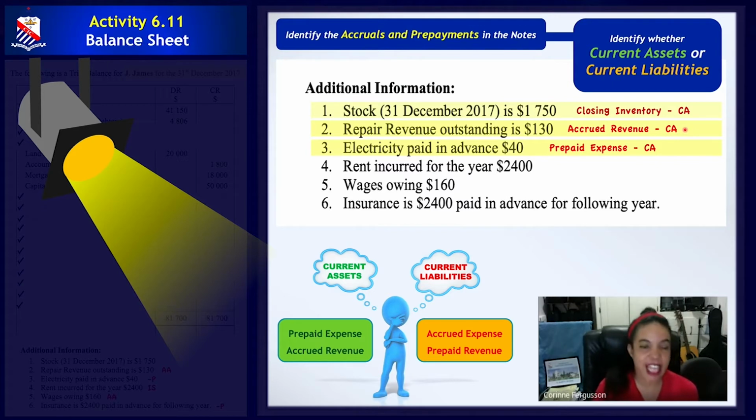Rent incurred for the year. This one, once again, is unique. It did not give you the accrual or prepayment. This actually gave you the incurred amount which went into our income statement. So to find out what the accrual or prepayment is, we didn't have to do calculations for the income statement, but we have to now do the calculations for the balance sheet.